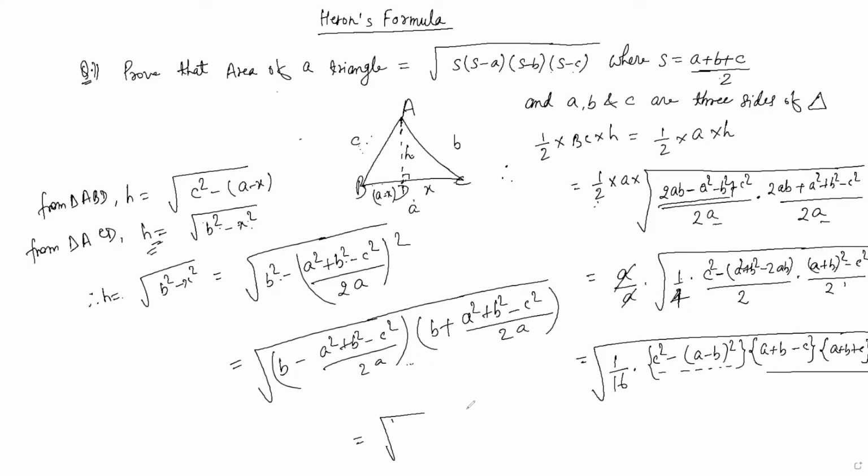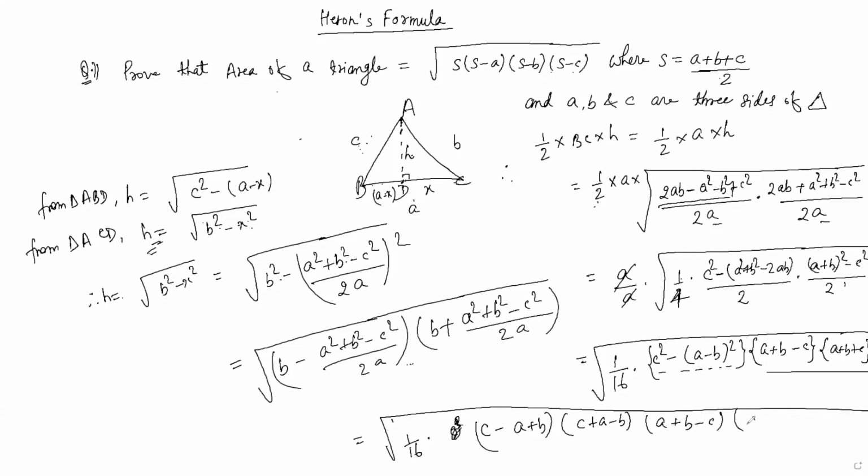So it will become under root 1 divided by 16 into c square is nothing but c. We use the a square minus b square formula, so it will become c minus a plus b... into a minus b into a plus b minus c into a plus b plus c.